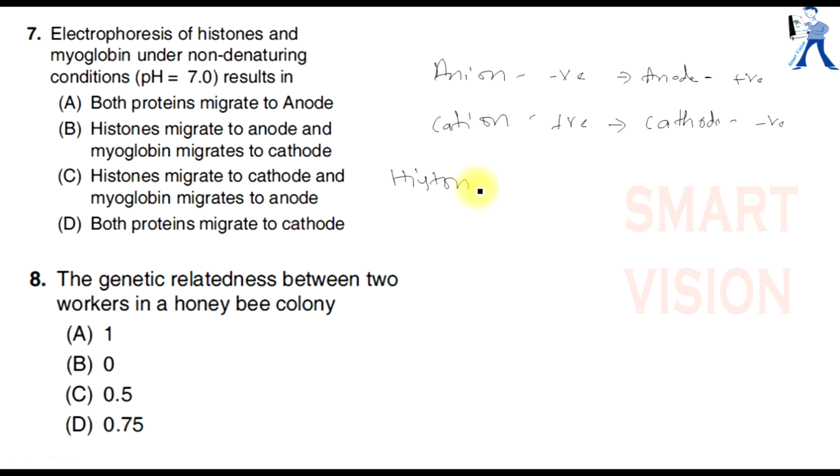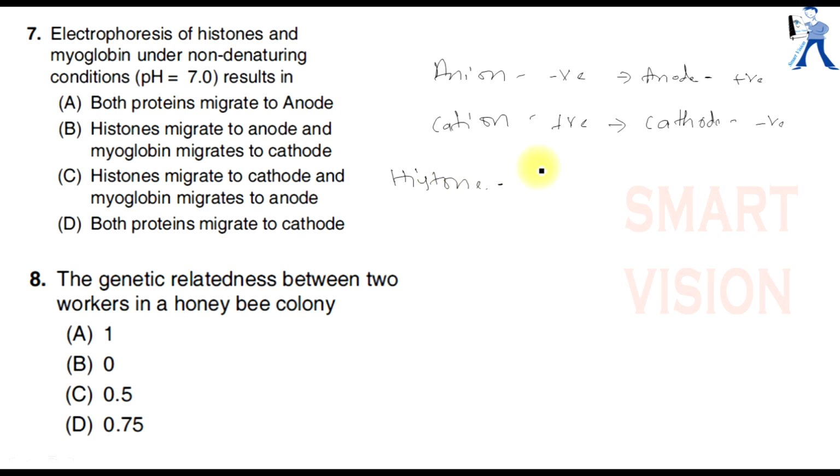Now we have to find histones. We know histones are a specific alkaline protein, and they wrap the DNA, and we know DNA is negatively charged. Why does it wrap the DNA? It has affinity towards DNA because it has the opposite charge of the DNA.